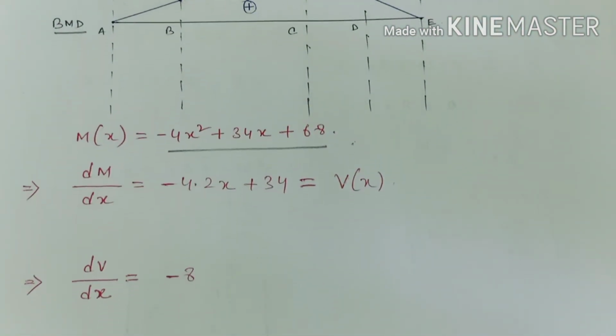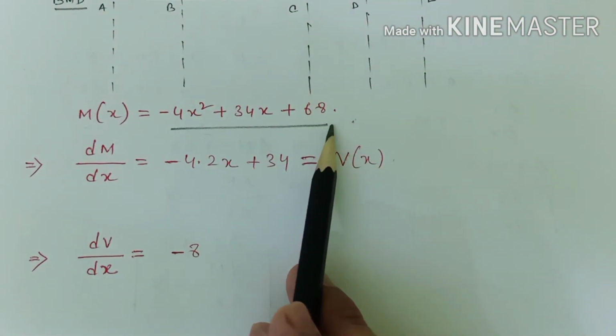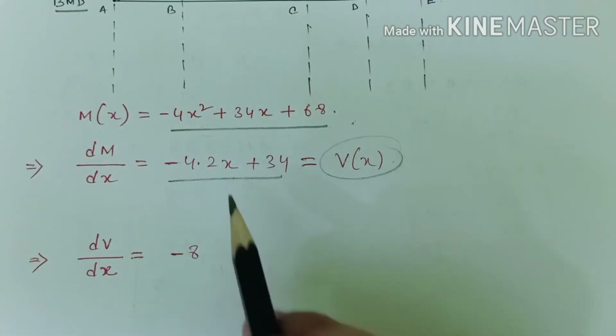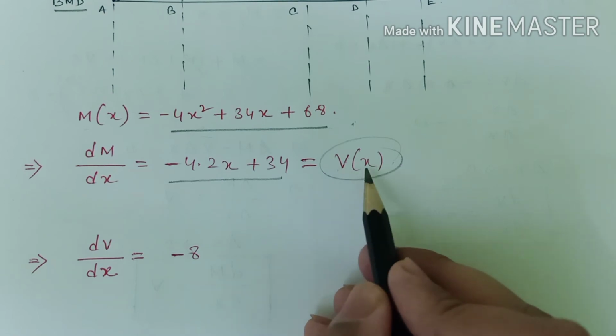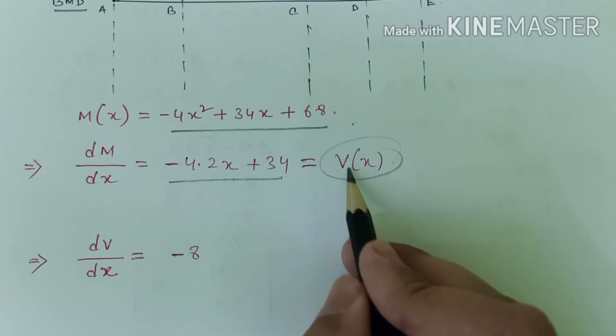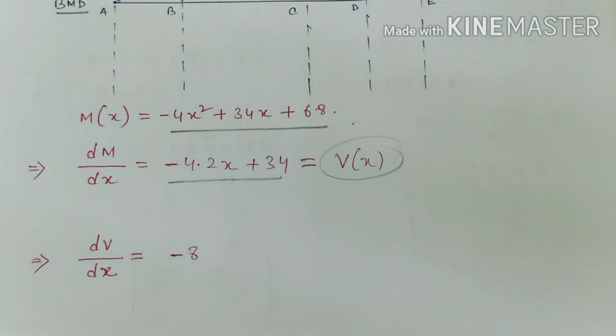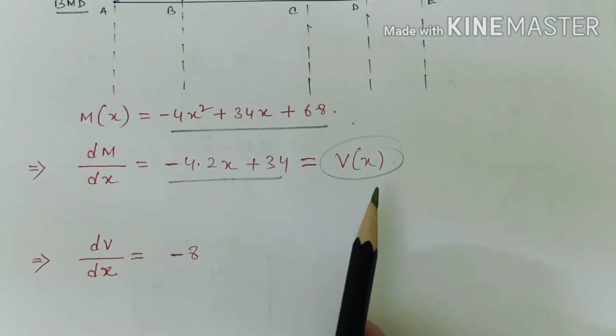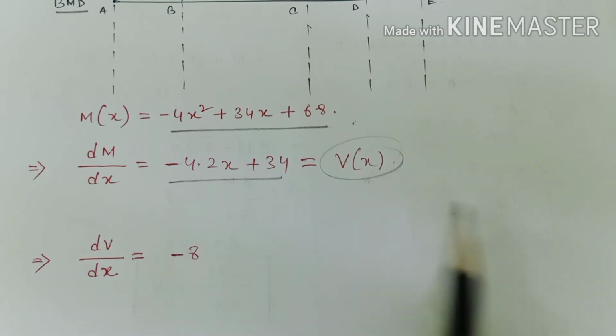Same thing, if we differentiate this with respect to x, we will get this, and this will essentially be your shear force. This is basically V, and I have written x within the brackets just to show that the shear force is a function of x, nothing else. Now what will happen if we differentiate this again?